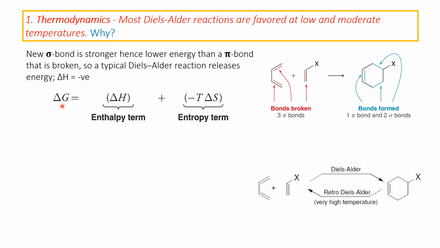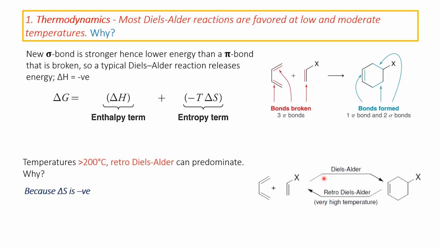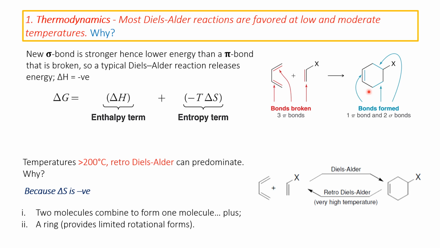However, at higher temperatures, what's called a retro Diels-Alder dominates. Why? Because delta S is negative. Now look closely. We had two molecules to start with, and we generate one. So therefore, with this and the fact that the ring itself has limited rotational freedom, we realize delta S is negative. This therefore makes the minus T delta S term positive.